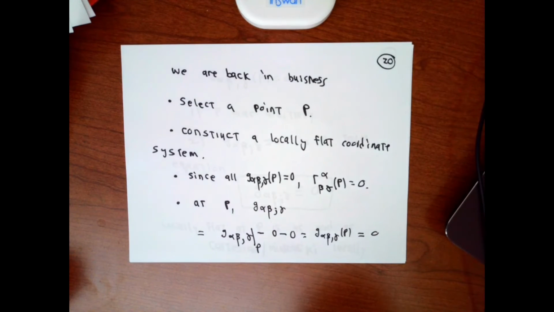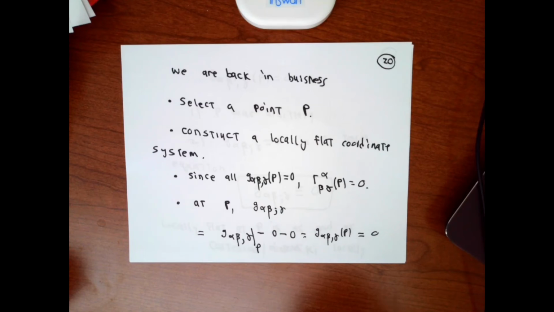Previously, in special relativity, when we wanted to do some calculation, we would frequently construct a momentarily co-moving reference frame. This was the case either in Cartesian or Minkowski coordinates. We're back in business now.